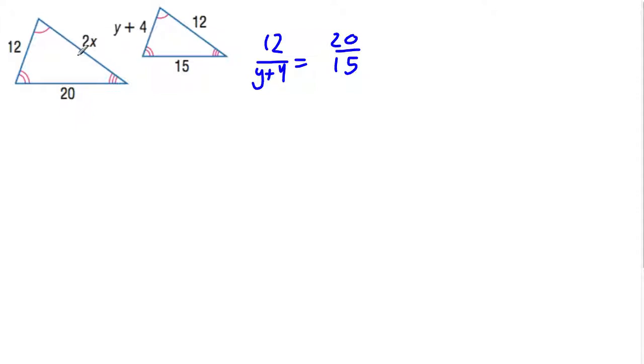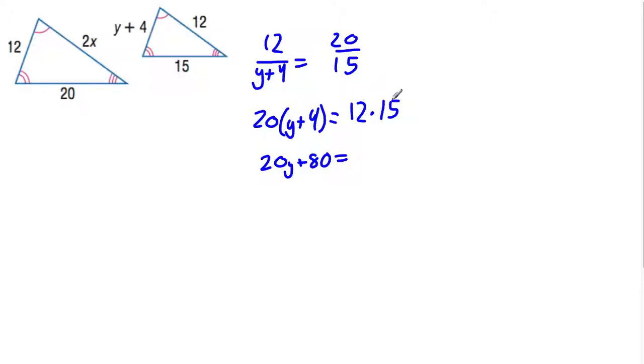I didn't include this 2x to 12 because then I would have two variables here, and that's not going to help me. So I can cross multiply. So 20 times y plus 4 equals 12 times 15. And I can distribute, so I get 20y plus 80 equals 12 times 15.